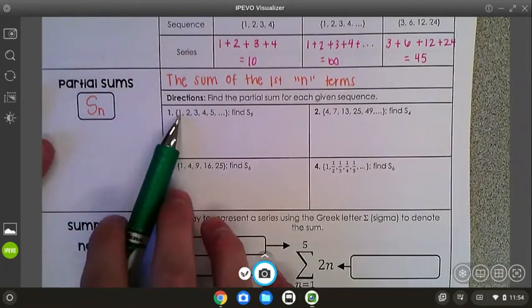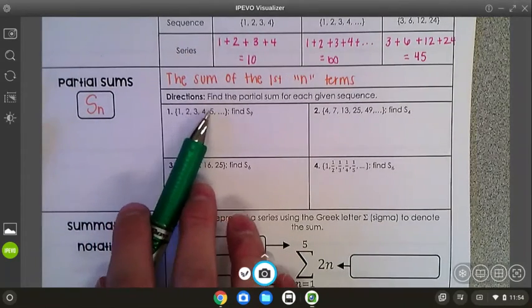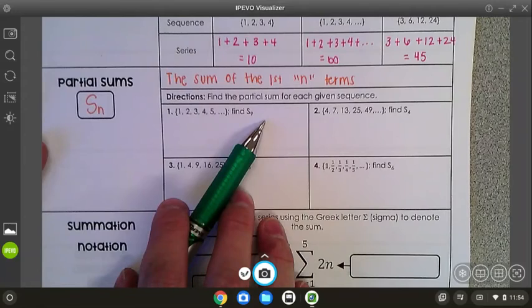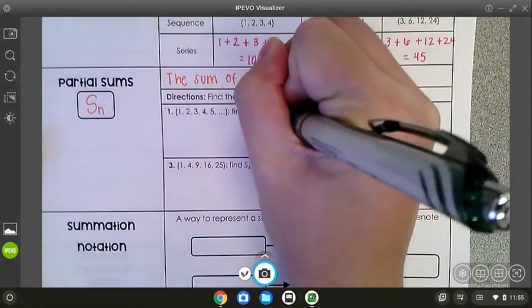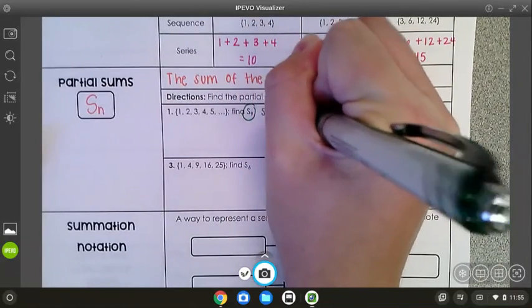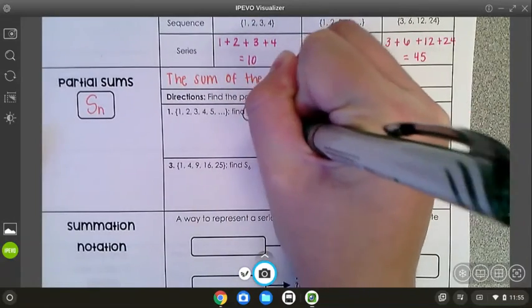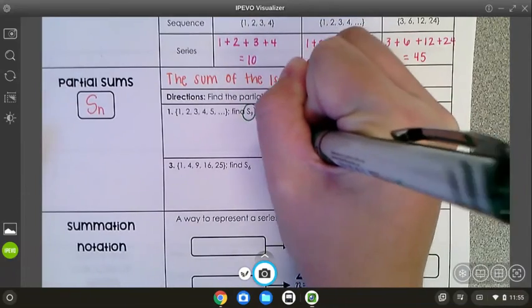So here we've got the sequence 1, 2, 3, 4, 5, and so on. We're finding the sum of the first 9 terms.